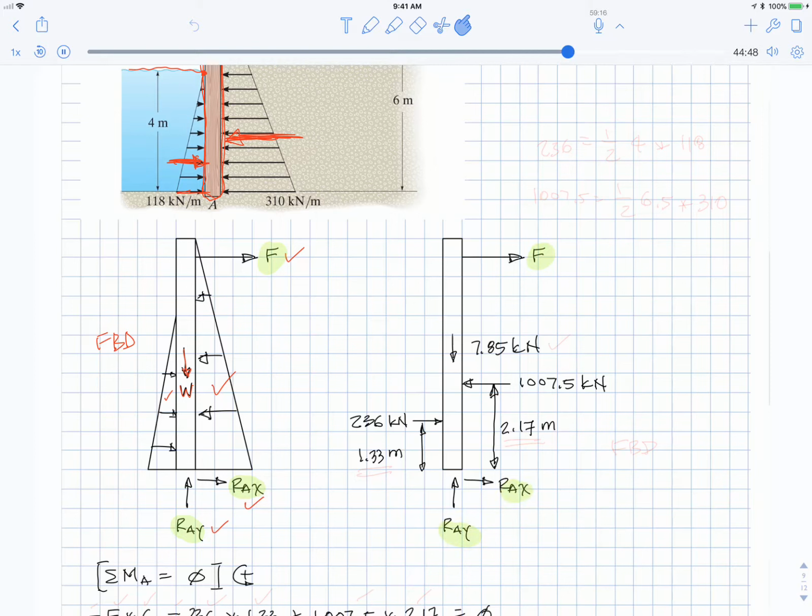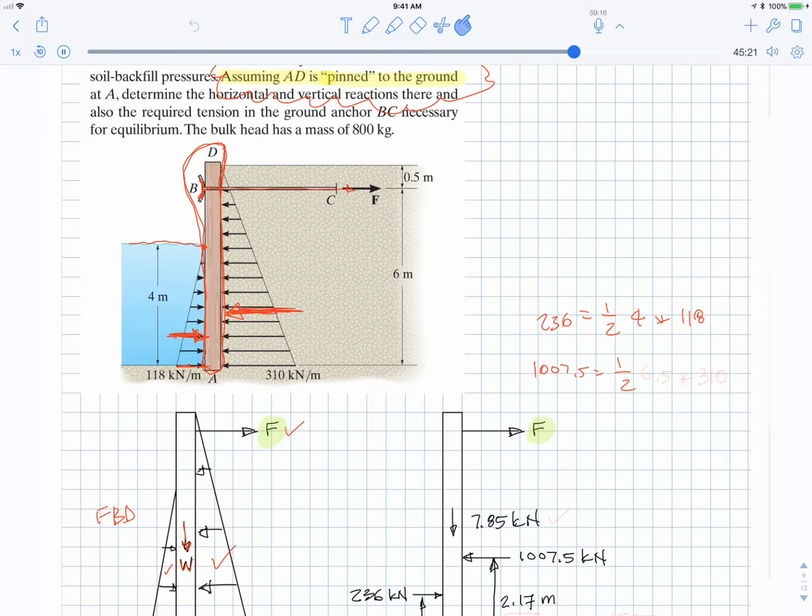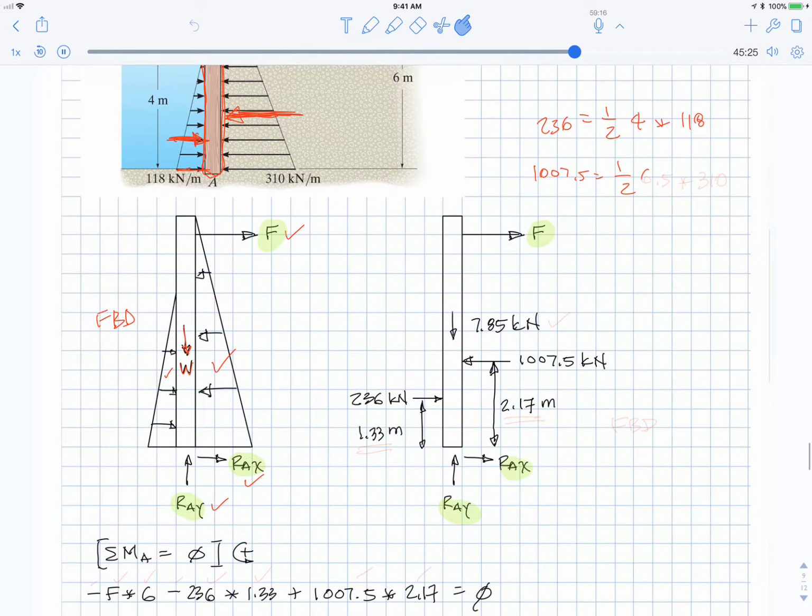The next step was to get the resultant of these triangular loads. So you need to remember the area of a triangle, 1/2 base times height. So 236 is 1/2 times 4 meters, that blue triangle, times a height of 118. The 1007.5 was 1/2 the base. First, I looked at that and thought it was 6 meters tall, because that would be nice, since the centroid will be at 1/3. But no, the soil is 6.5 meters tall.